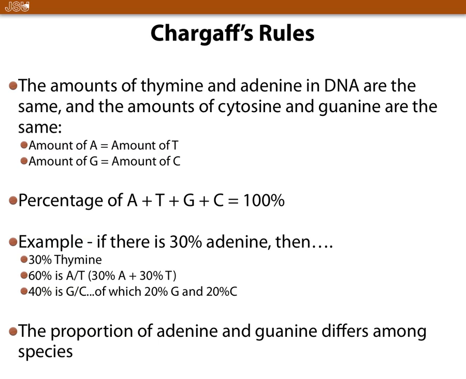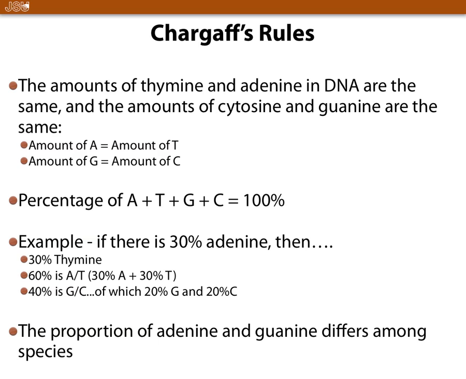So I worked out an example here. If you have 30% adenine, what is the percentage of the rest of the bases? And you can expect to see a question like this. Well, Chargaff said the amount of A equals the amount of T. If there's 30% adenine in the DNA, then there has to be 30% thymine.